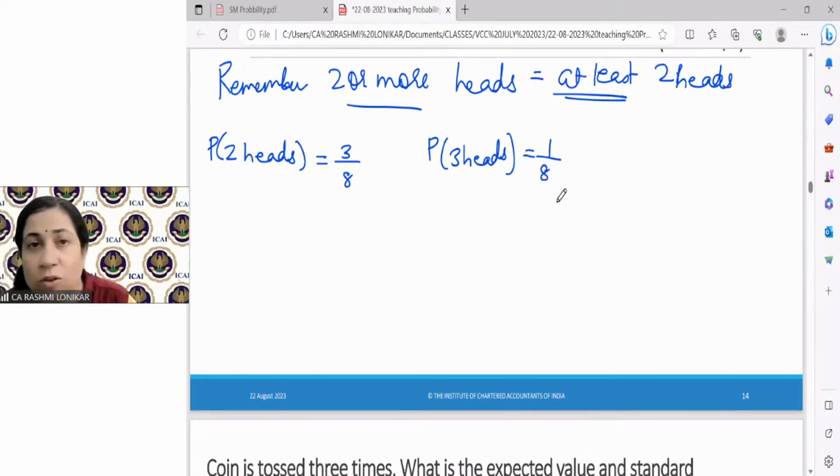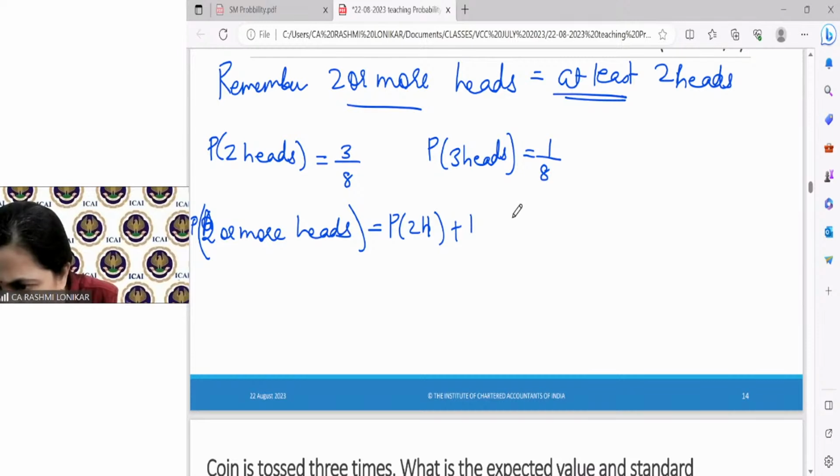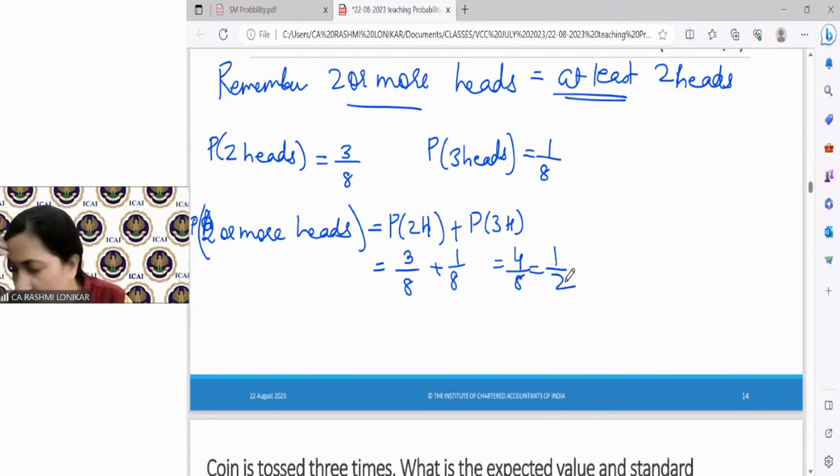Okay, there is only one situation when I can get 3 heads. So at least 2 or more heads: the probability is equal to probability of 2 heads plus probability of 3 heads. This is equal to 3 by 8 plus 1 by 8, which is equal to 4 by 8, which is equal to half. Okay. So whichever way they ask you, this is the way you have to solve it.